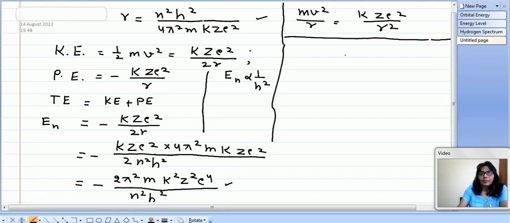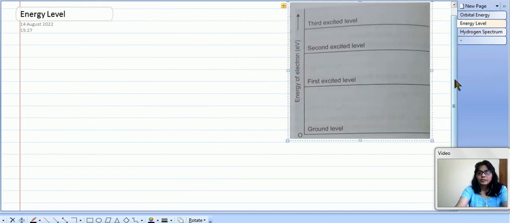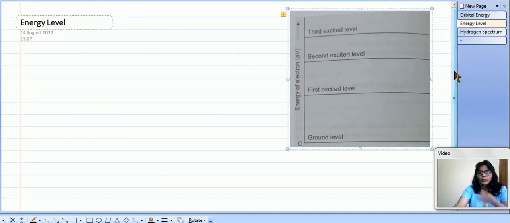So we have various energy levels, and let us see the picture of the energy levels. This is the energy level diagram. Here we can see the different levels.